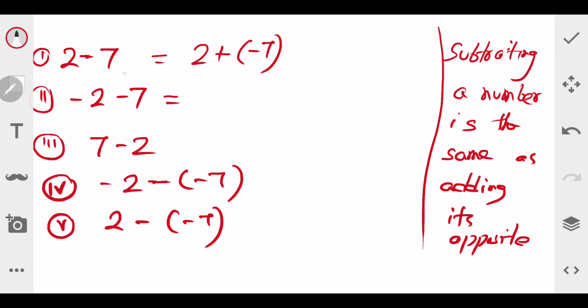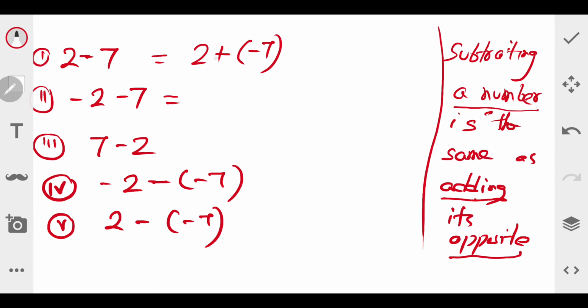Whenever you see a subtraction problem, the first question to ask is what we are subtracting. Here it's 7. So replace a number with 7, and then follow this: adding its opposite. So there are 3 things: a number, adding, and its opposite.